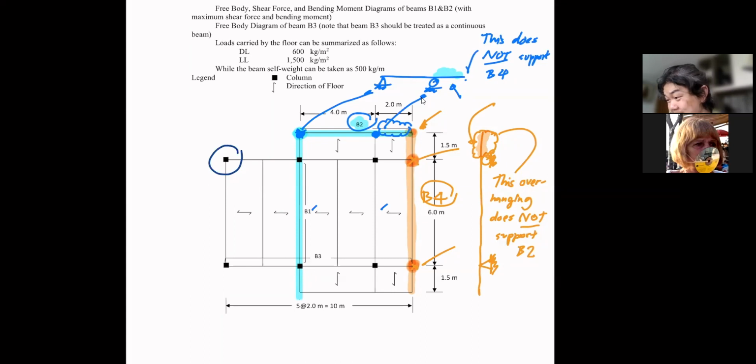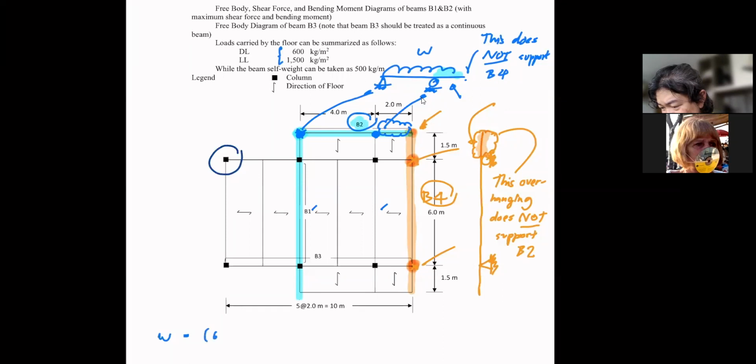So that means the uniform load on B2, this W, will be equal to the floor load plus the weight of the beam. So let me try to write down here. This W is going to be equal to, we have here 600 and 1500, right?